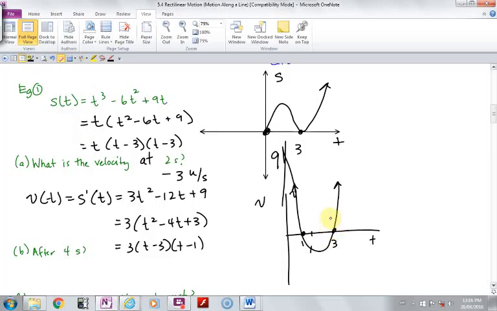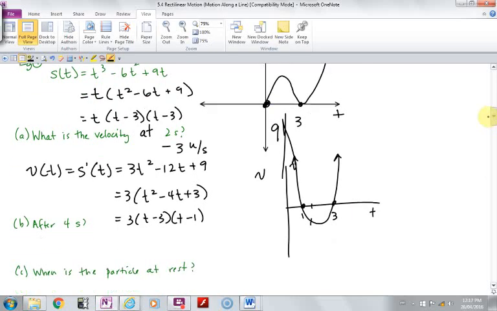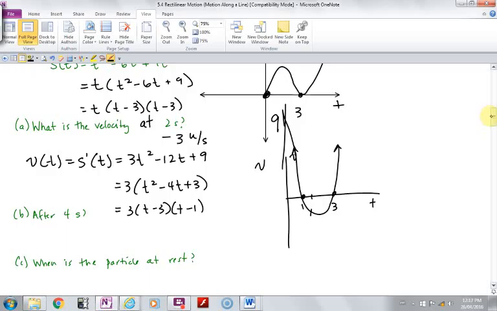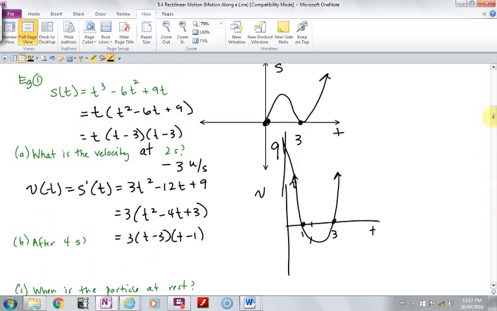And here now my velocity is increasing. Here my slope is increasing. So the slopes here should compare to the y values here. Okay? Everyone okay with that? So what's the velocity doing after 4 seconds? What's going on with the velocity after 4 seconds?